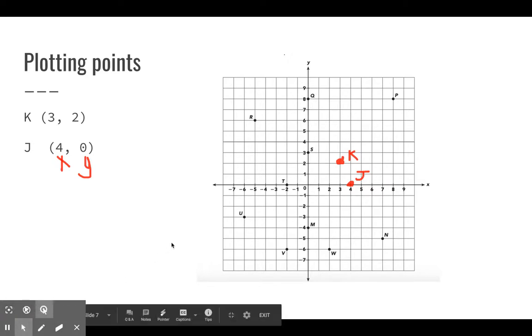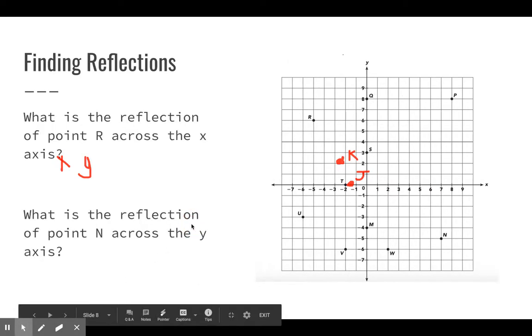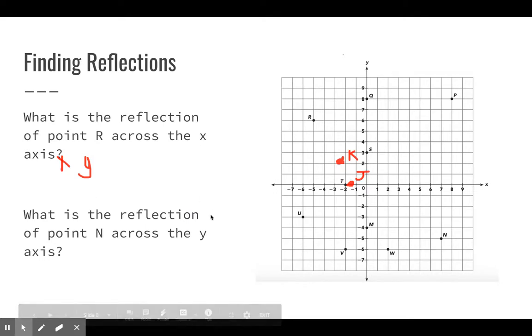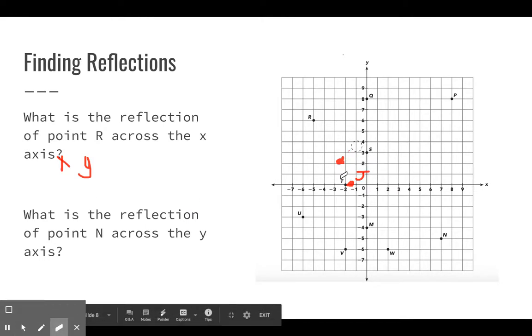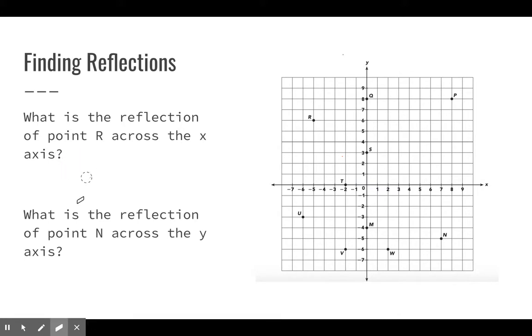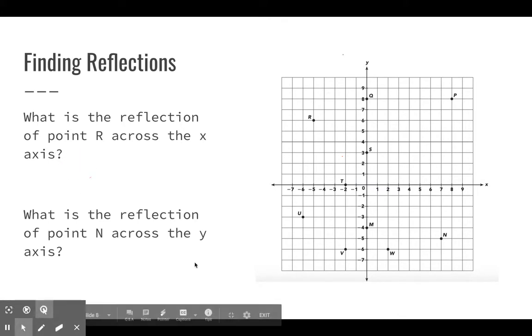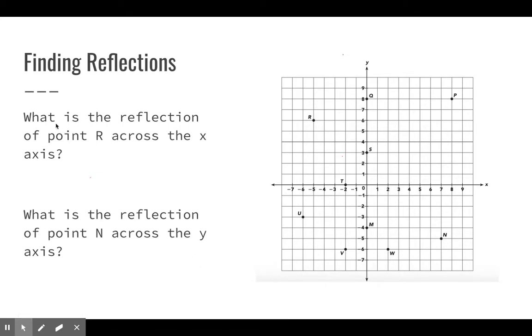So now let me see. I'm going to try to get rid of these markings. So now we're going to talk about finding reflections. So what is the reflection of point R across the x-axis? Remember, that means to go to point R and literally cross the x-axis.